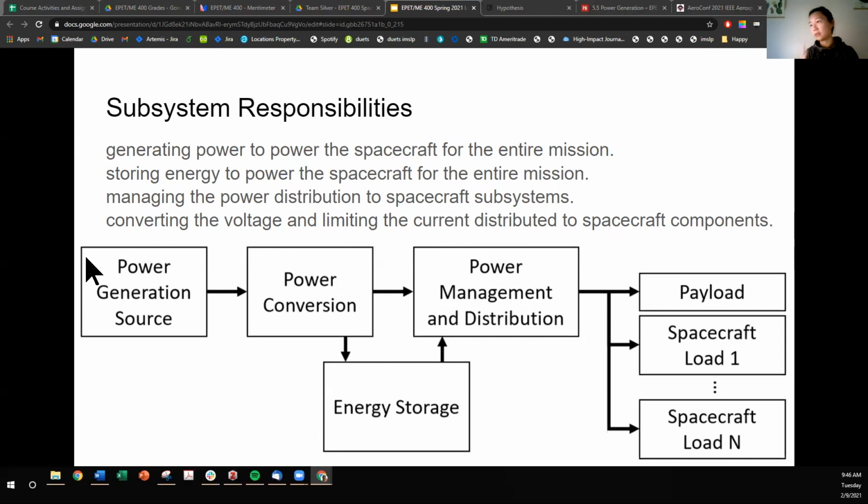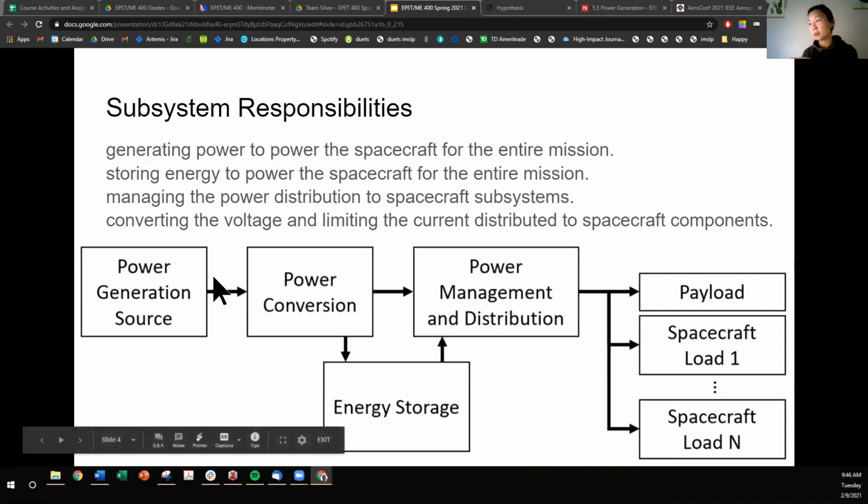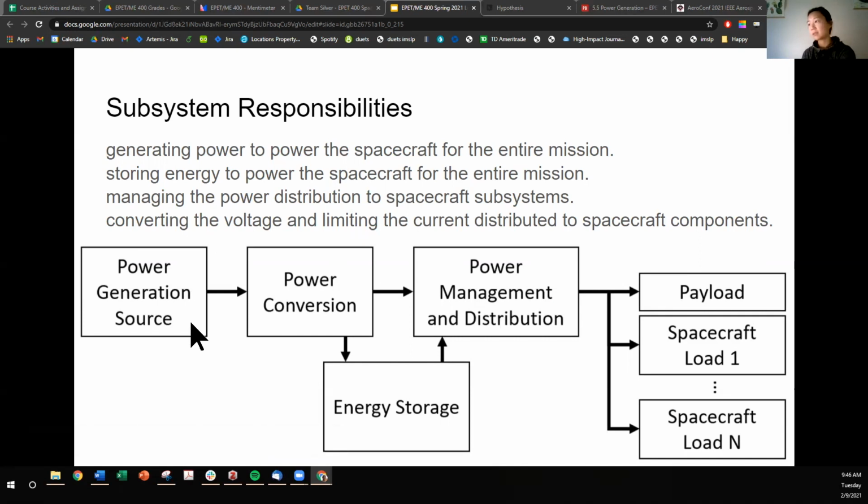So you can see this flow diagram of the responsibilities, where the responsibility starts at some power generation source. This can be a consumable, like one-time use, or a rechargeable source.